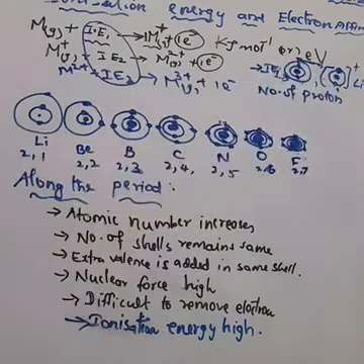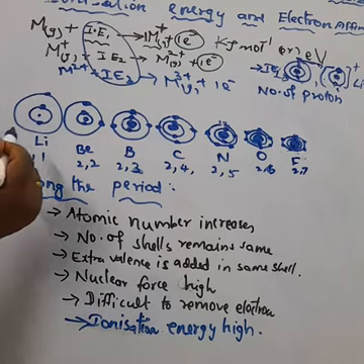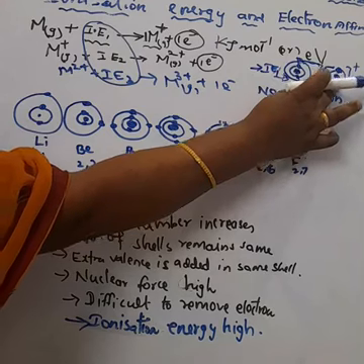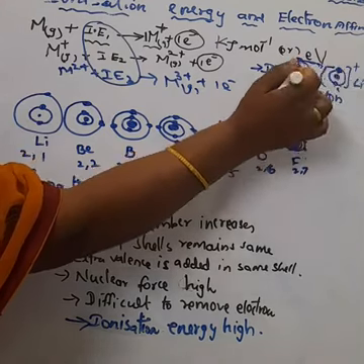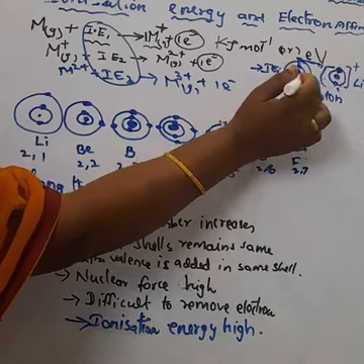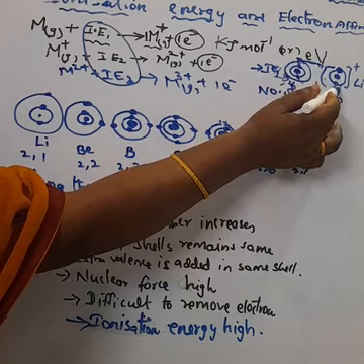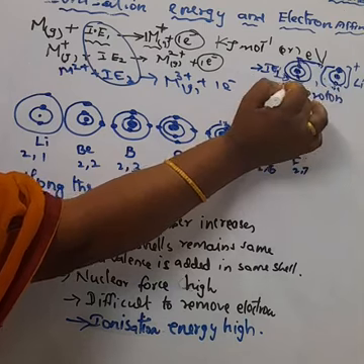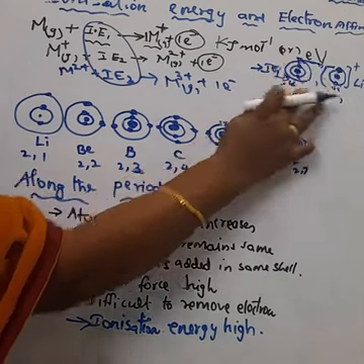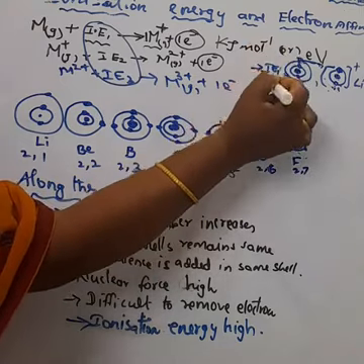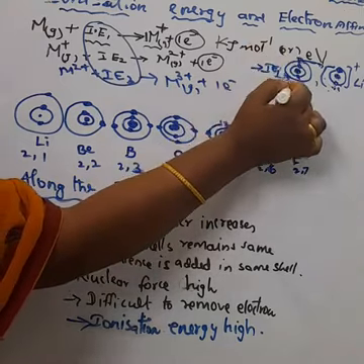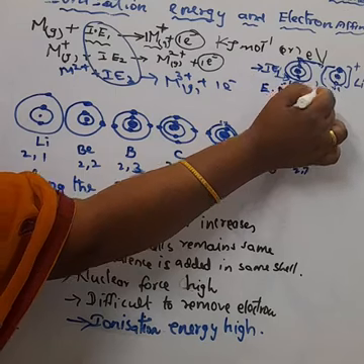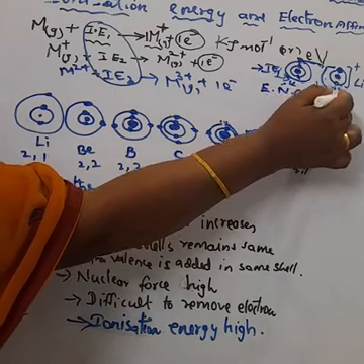When comparing the cation and the neutral atom, the effective nuclear charge is higher in the cation than in the neutral atom.